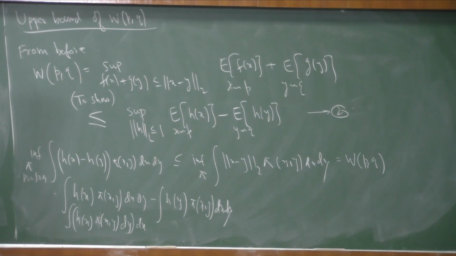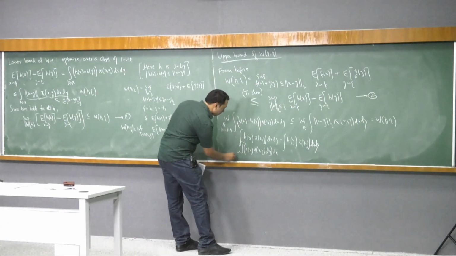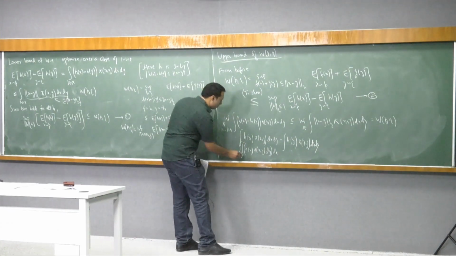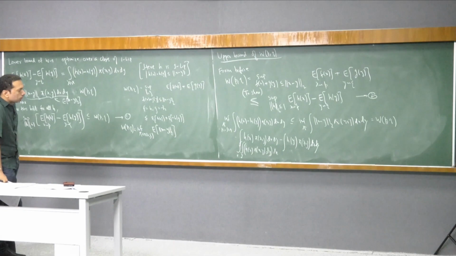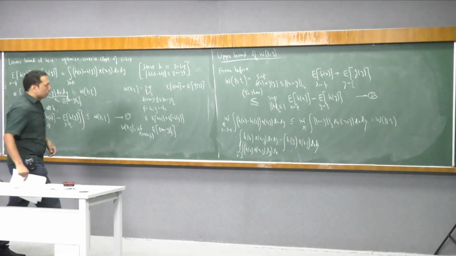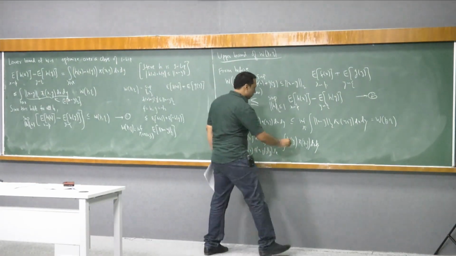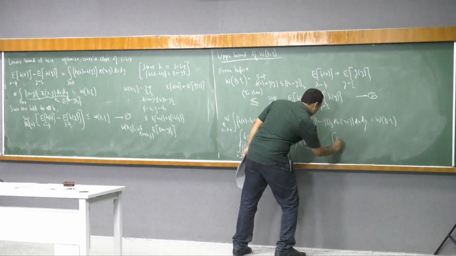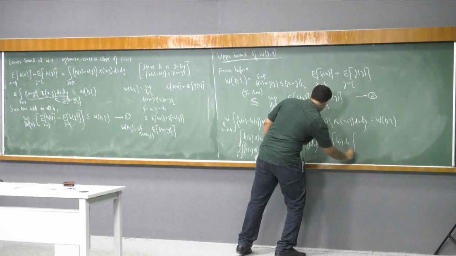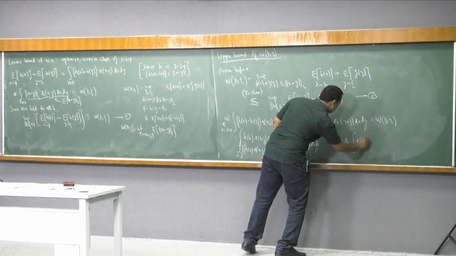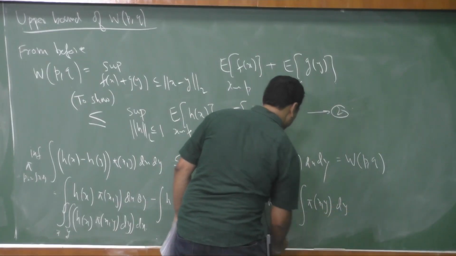So if I do that, what do I get? Outer integral over x, inner integral over y. h(x) goes out, dx goes out, and pi integrates to 1, or the marginal p(x). h(x) goes out, and the other integral is pi(x,y) dy.